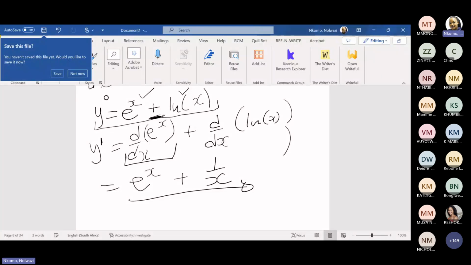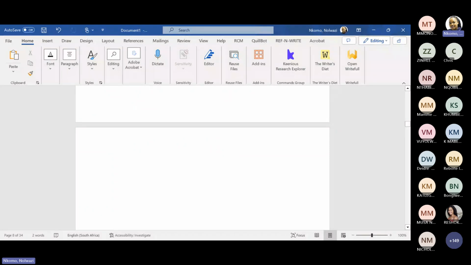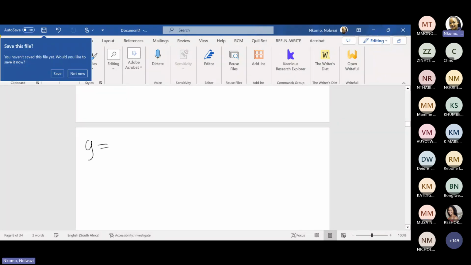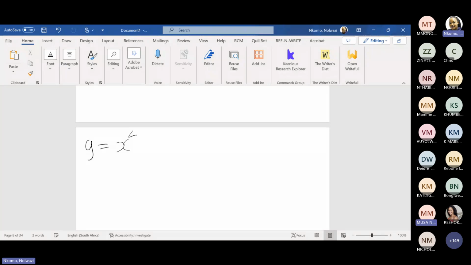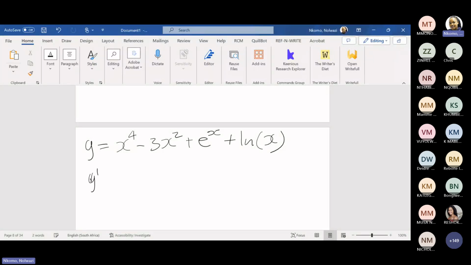Let's say we are given a function like this: y equals x to the power 4 minus 3x squared plus e to the power x plus ln x, right? And we are asked to find y prime.